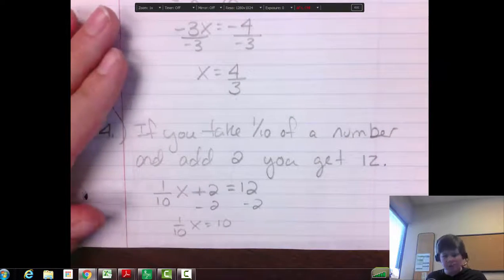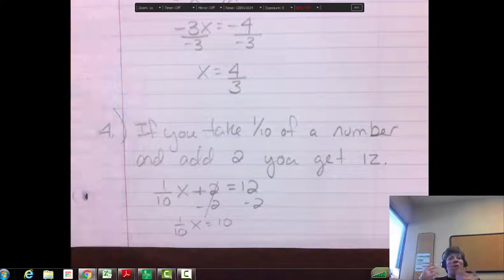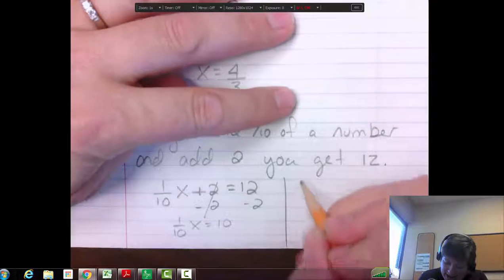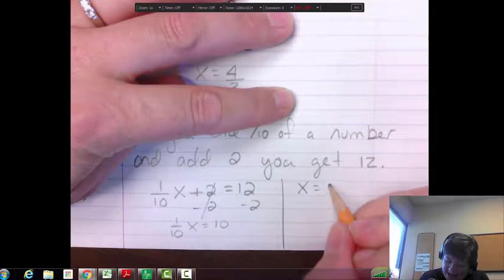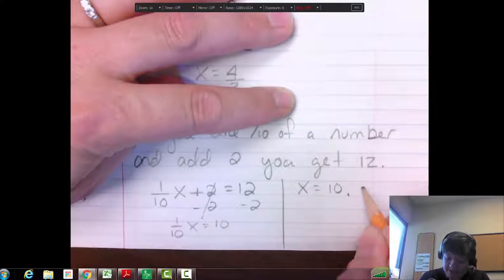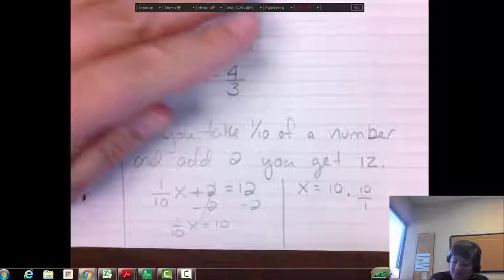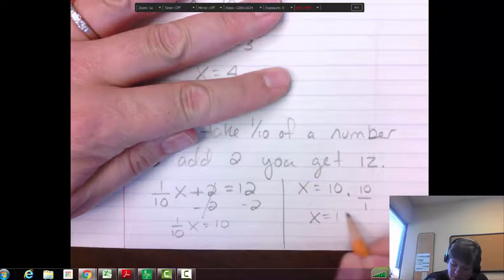Right? 12 minus 2 cancels here. Now to divide by 1/10, you flip it and multiply. So x is going to equal the 10 that's already here, times the flipped over version, which is 10/1. So it's 10 times 10, which is 100.